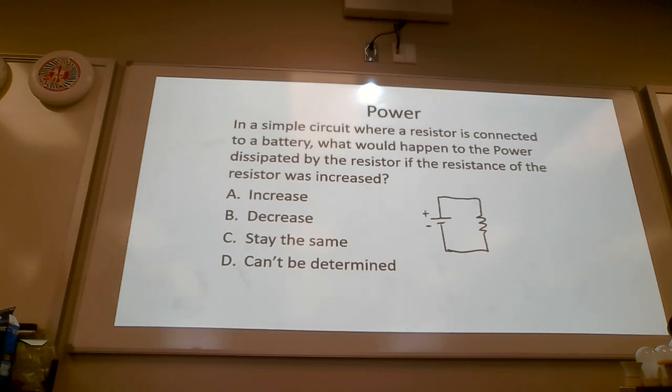Okay. Quick leading question. What does the battery determine in a circuit? What measurement do we know? Voltage. Okay. The total voltage of a circuit is determined by the power supply. And we're not changing out the battery.